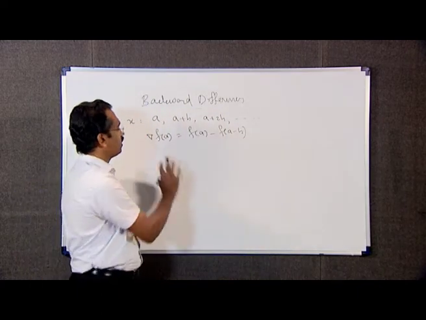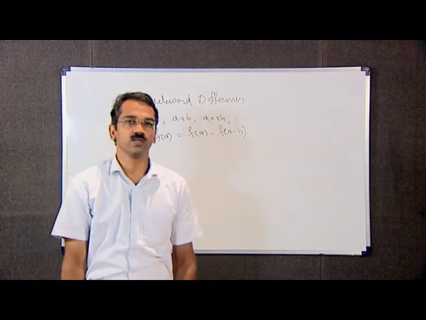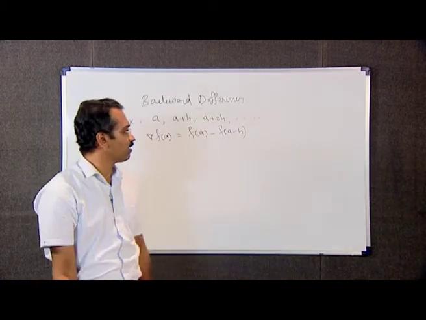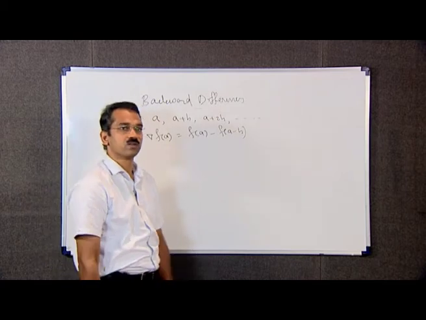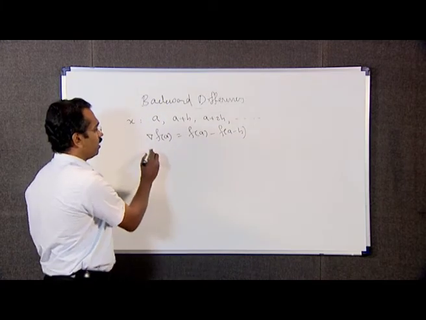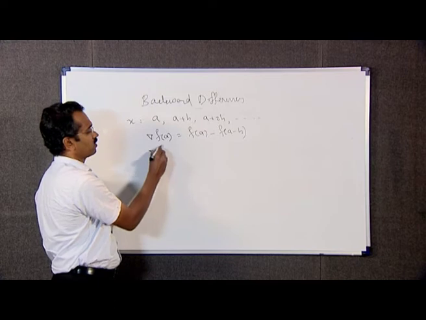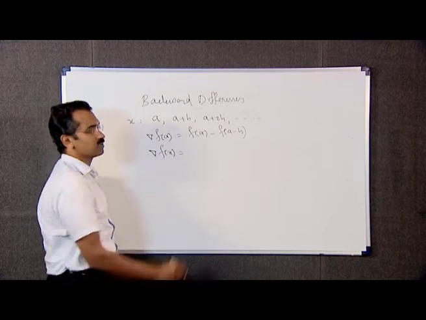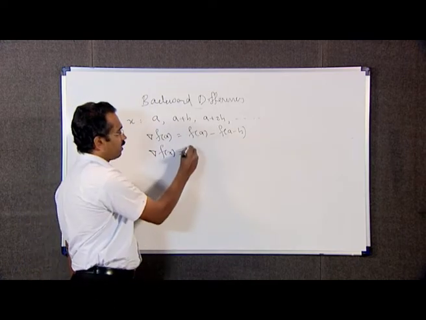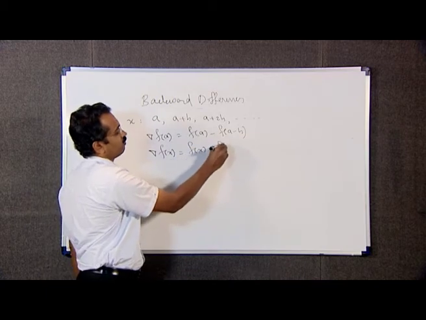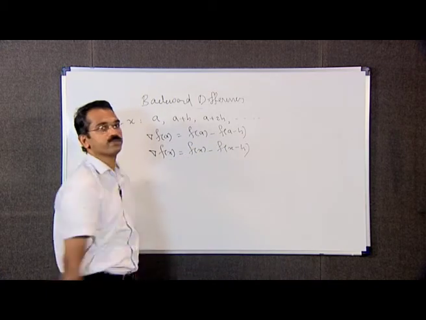Here del is the backward difference operator, h is the interval of differencing. In general, we can write del f of x is equal to f of x minus f of x minus h.